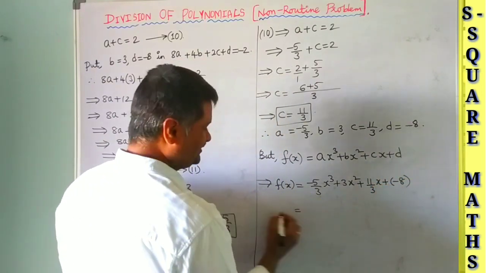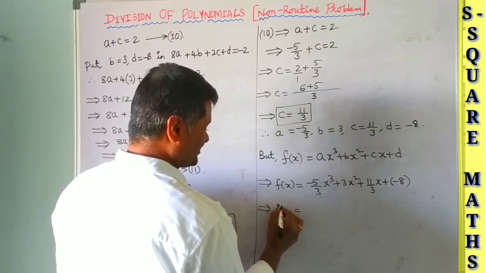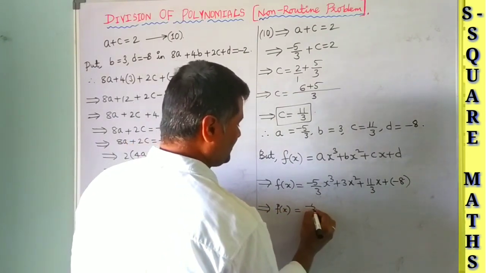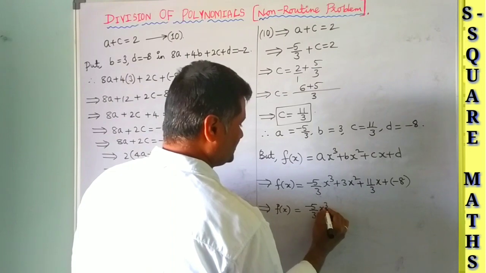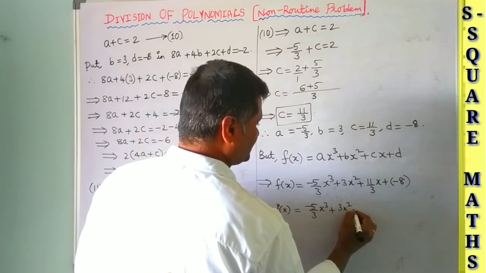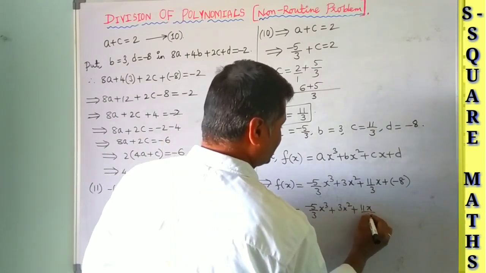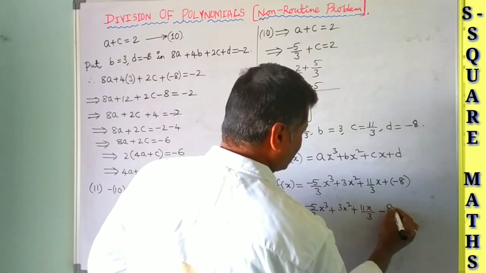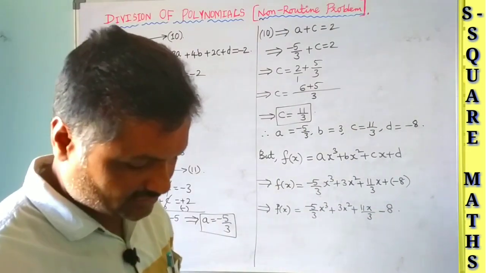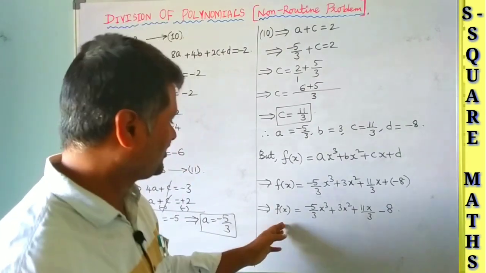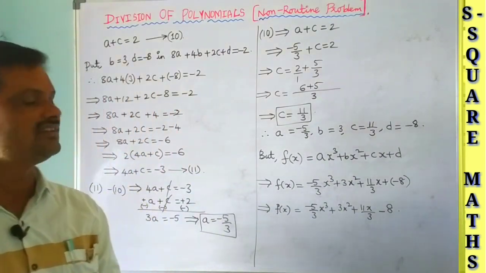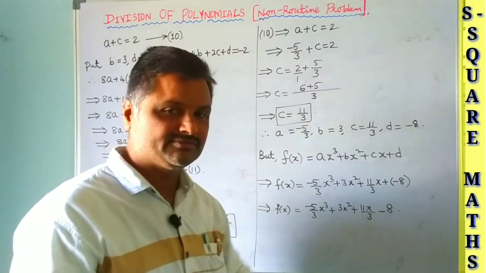So rewriting again, f of x is equal to minus 5 by 3 x cube plus 3x square plus 11x by 3 minus 8. So finally we got our f of x with the values a, b, c, d.